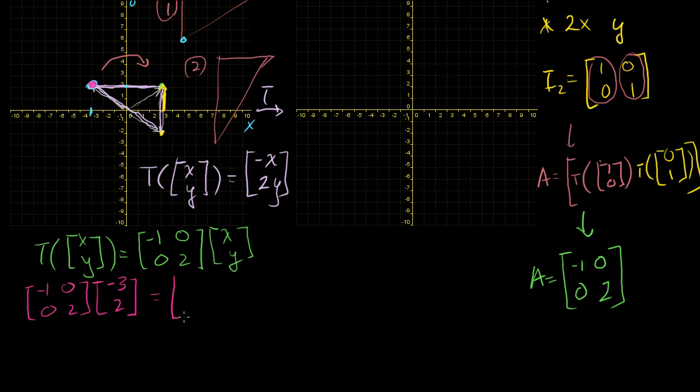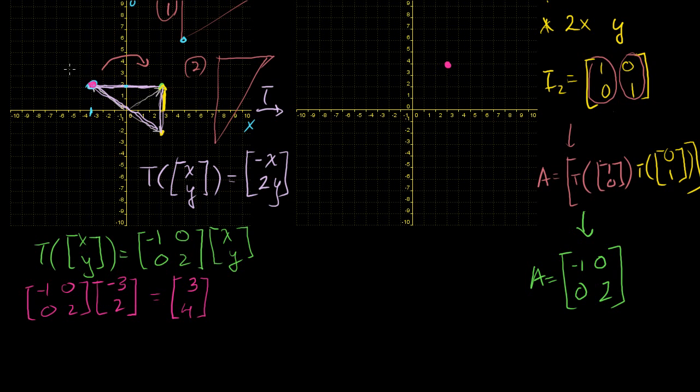Well, this is just a straight up matrix vector product. -1 times -3 is positive 3, plus 0 times 2, so plus 0. So this is 3. And then 0 times -3 is 0, plus 2 times 2. So it's 3, 4. So that point right there will now become the point 3, 4. It now becomes that point right there.